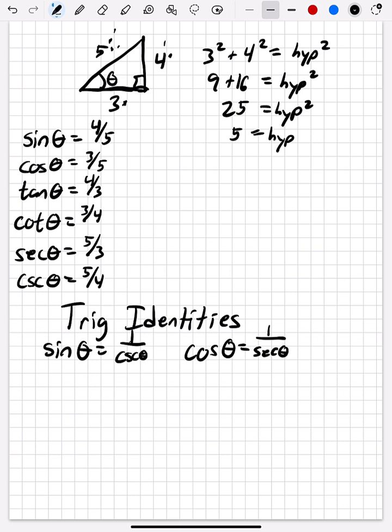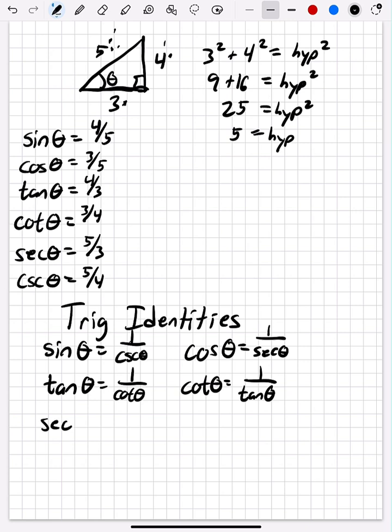Okay, and then cosine of theta is 1 over the secant of theta. The tangent of theta is 1 over the cotangent of theta. Cotangent of theta then is 1 over the tangent of theta.